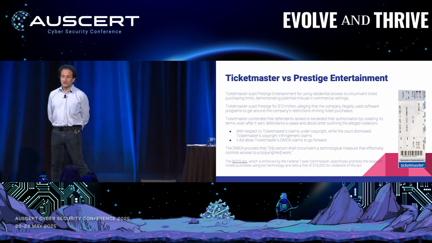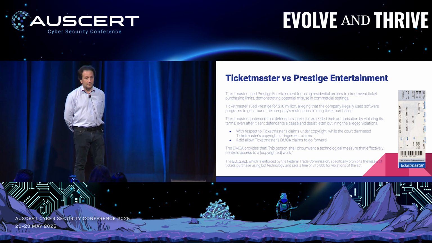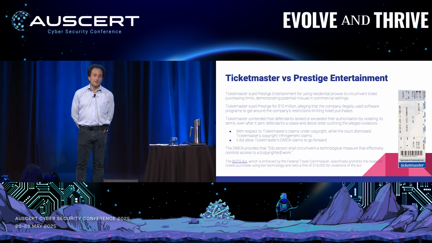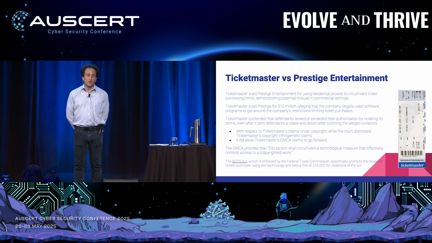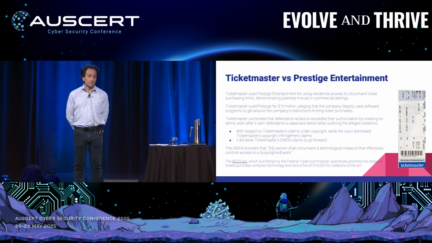The second time they used the DMCA, which was a perfect way for them to do it because it enables a company to protect their copyrighted work against anyone trying to circumvent any type of protection. And any type of protection could be as simple as a cookie. So if you delete cookies in your browser to try and circumvent some ticket purchasing limits, this could fall under the DMCA.